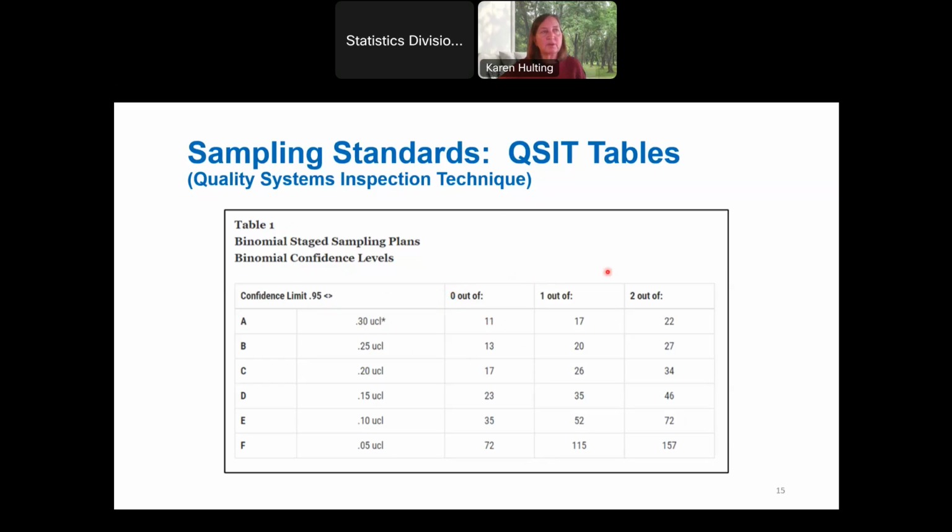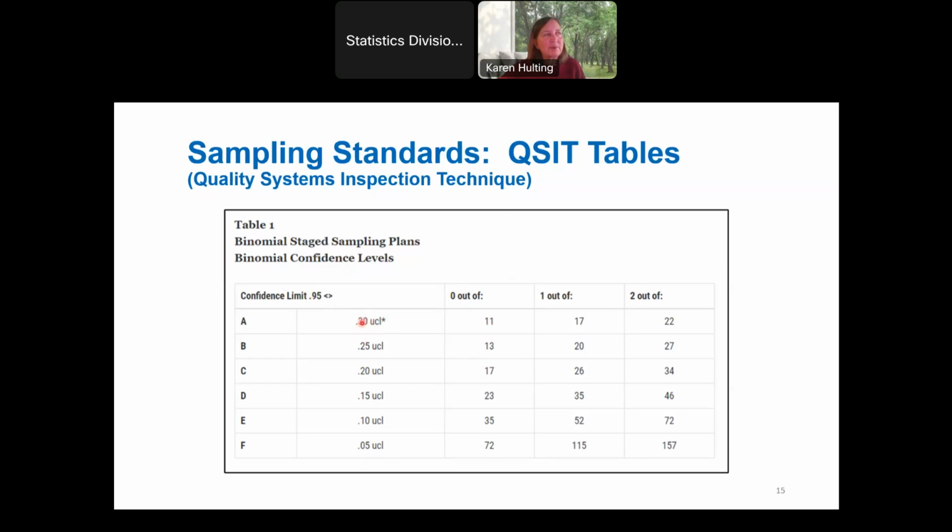So either accept on 0, 1, or 2. And then what's over here is this confidence limit, the upper confidence limit.